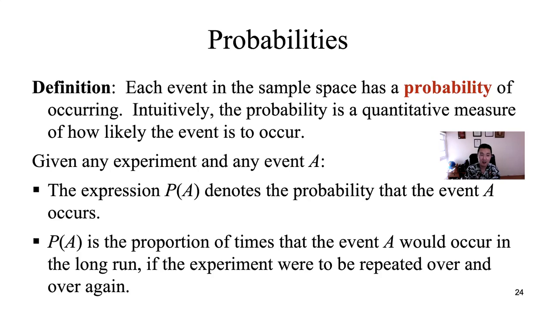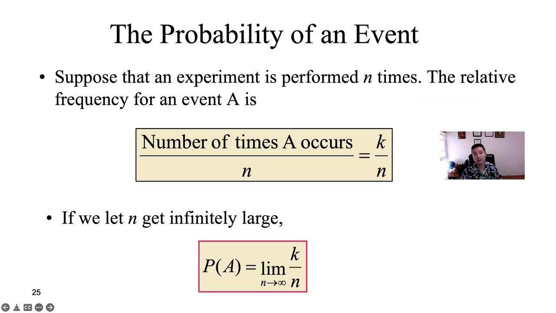The expression P(A) means the probability that event A occurs, and it is defined as the proportion of times that event A would occur in the long run if we repeat this experiment over and over again. So that is probability. Let's say we perform the experiment n times, and the relative frequency of event A is the number of times event A occurs over n.